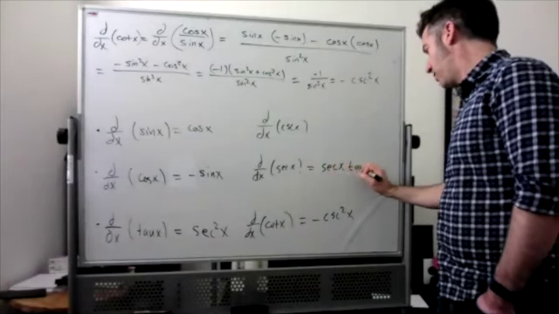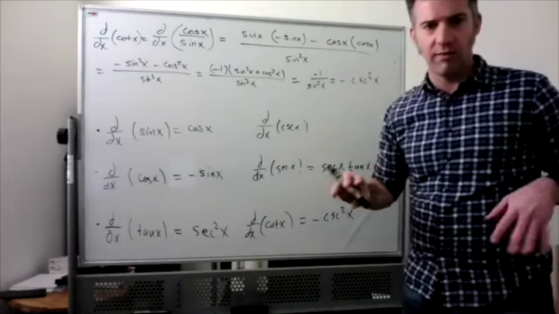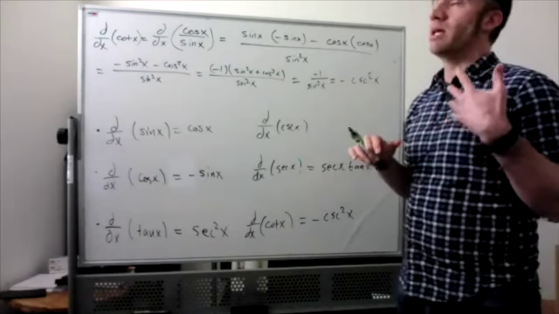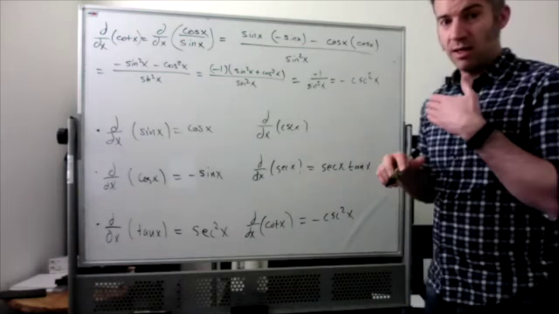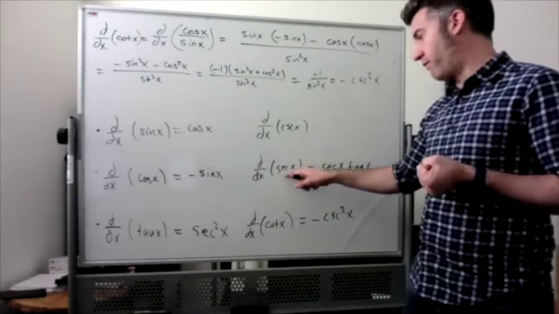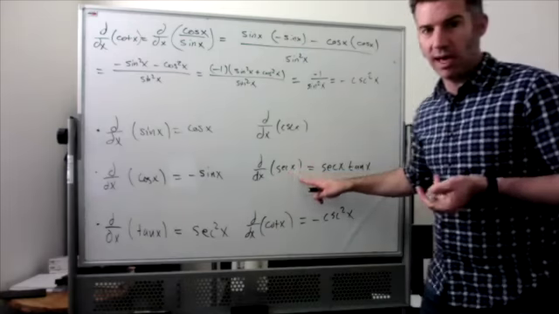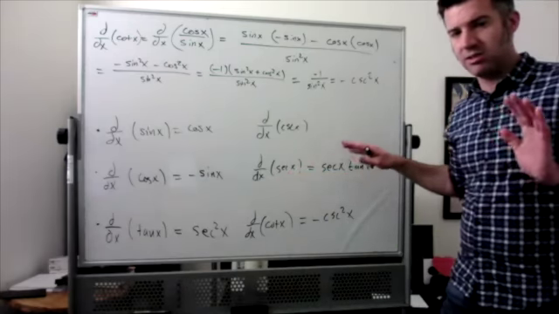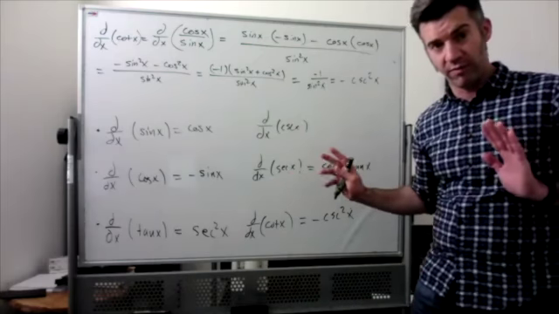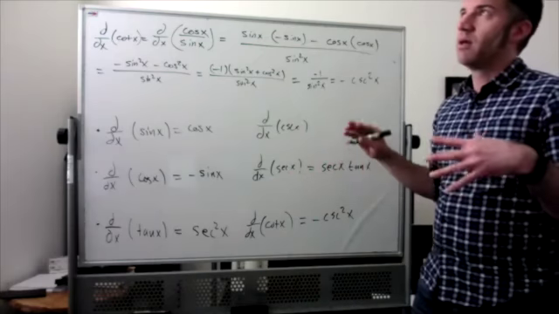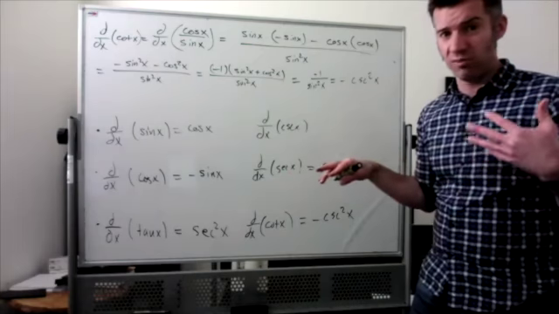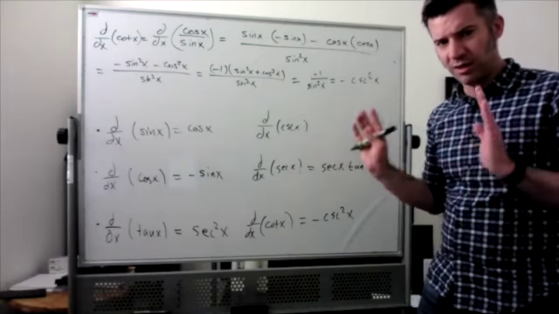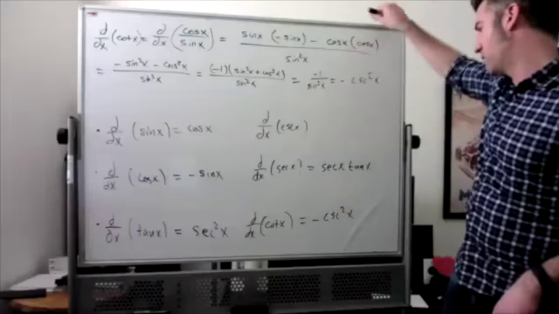I'm going to point out that secant and cosecant are interesting derivatives in that you're taking the derivative of a function of x and you get the variable x showing up twice. That is kind of atypical for derivatives. And it becomes important when we do some chain rule problems because it can be a little bit confusing, but we'll definitely talk about that.